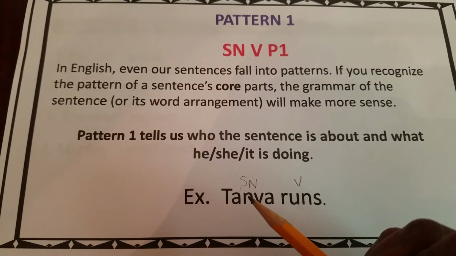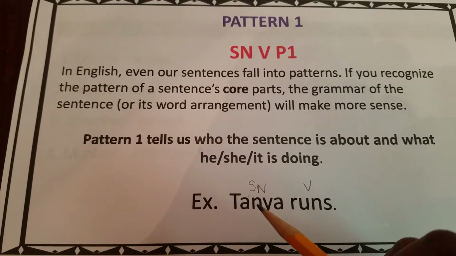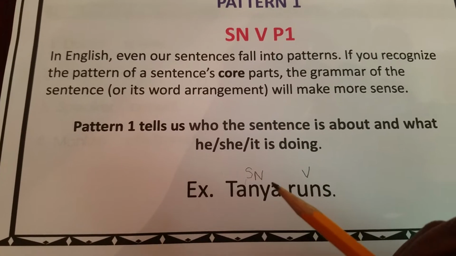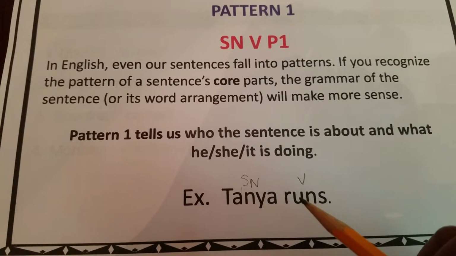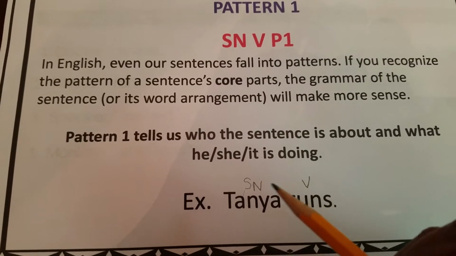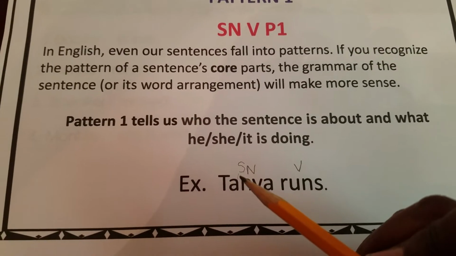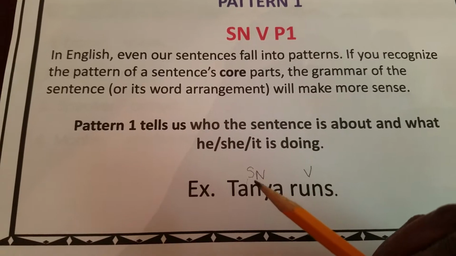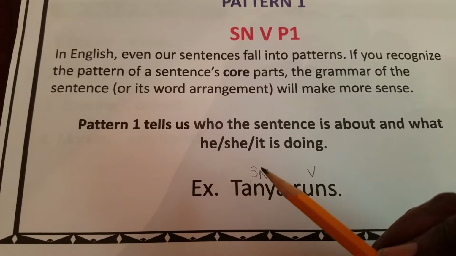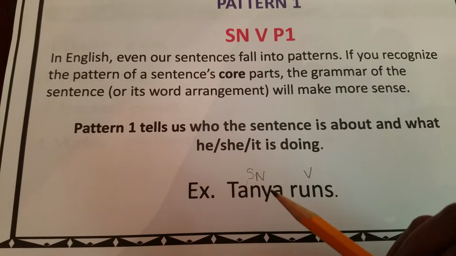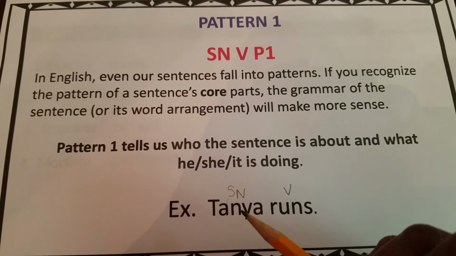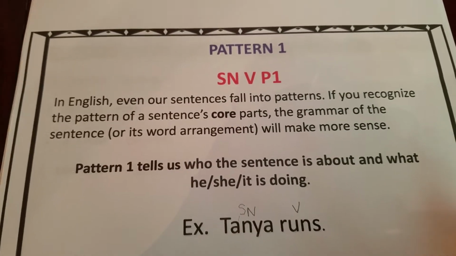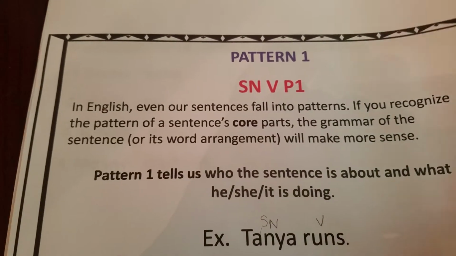We're going to find the subject, noun, and they're going to ask who, and then read the verb. And then you're going to say for the verb, what is being said about the subject, noun. So again, Tanya runs. Who runs? Tanya, subject noun, and that's when you write the subject noun. What is being said about Tanya? Tanya runs, verb. And you will find that the repetition goes on and on throughout the entire school year.